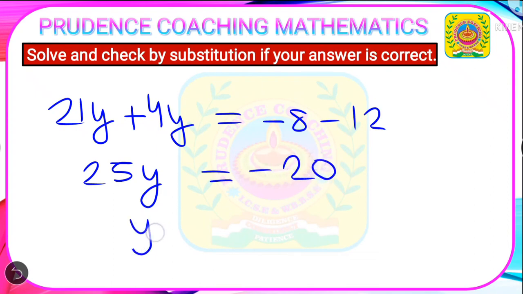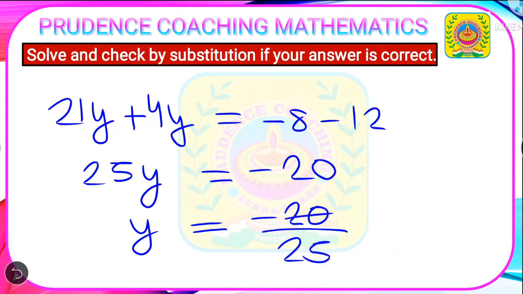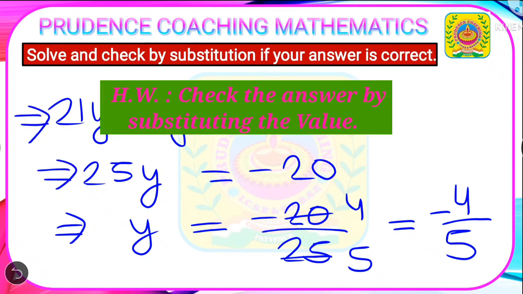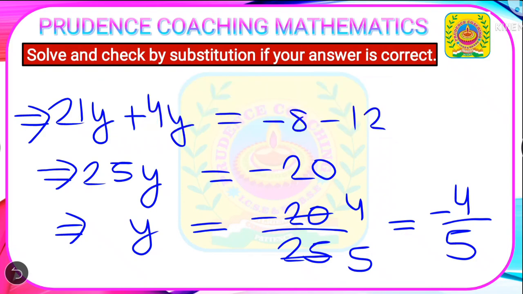So the value of y will be minus 20 divided by 25. 4 5s are 20, 5 5s are 25. So the final value of y is minus 4 by 5. And here also you need to verify by substituting this value of y in the LHS and RHS and check whether your answer is correct or not. This will be your homework as well.